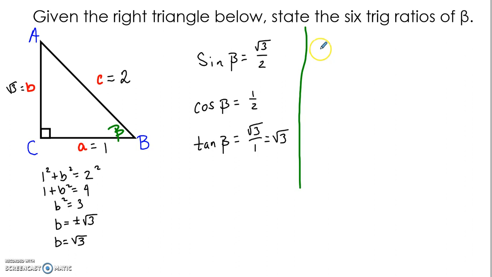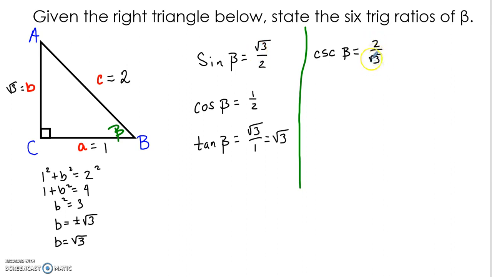We can get away with knowing that, but we're also going to be studying these reciprocal functions. So the reciprocal of sine is cosecant. And I'm not going to worry too much about whether it's hypotenuse over opposite. I'm just going to know that it's the reciprocal of sine. So I'm just going to flip these. 2 over the square root of 3. It's the reciprocal.